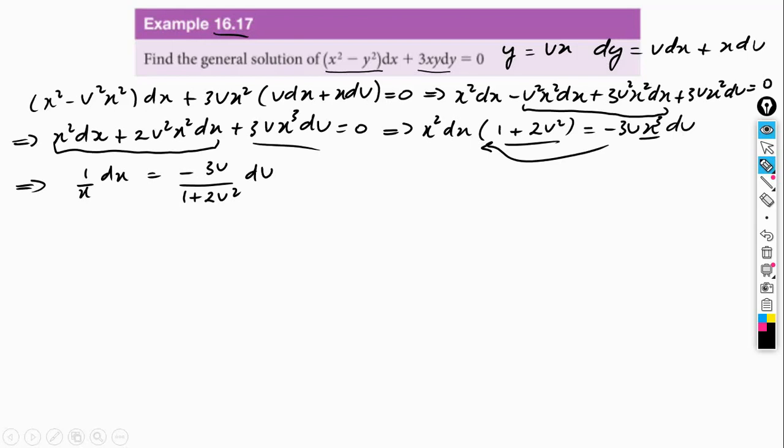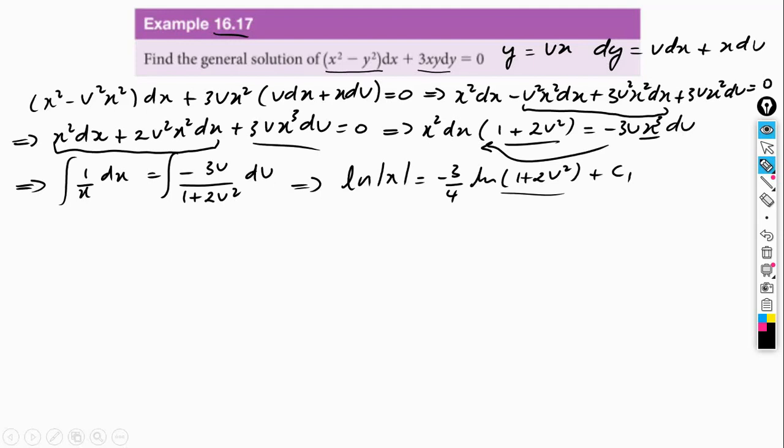Okay, so next we integrate both sides, and the expression on the left-hand side is simply going to be the natural logarithm of the absolute value of x, and on the right-hand side we should get minus 3/4 times the natural logarithm of 1 plus 2v squared. Notice that we don't use absolute value here because this is always going to be positive, plus a constant.